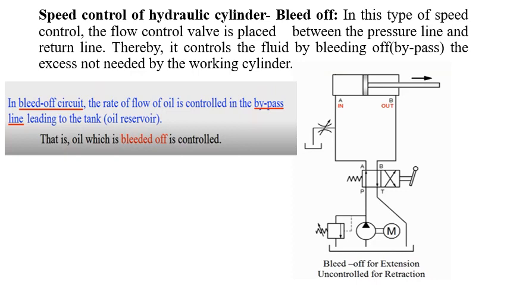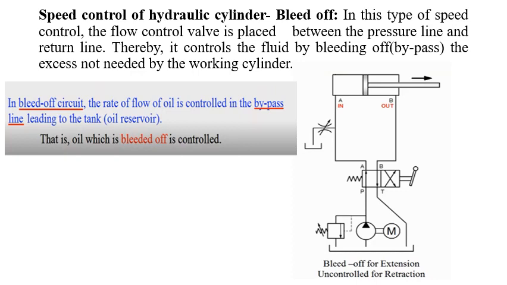Thereby it controls the fluid by bleeding off, by bypassing the excess not needed by the working cylinder. It means in a bleed off circuit the rate of flow of oil is controlled in the bypass line leading to the tank or oil reservoir. It means the oil which is bled off is controlled.